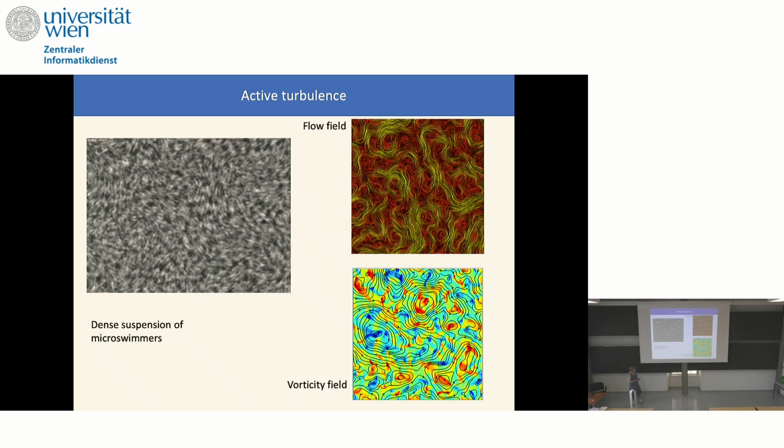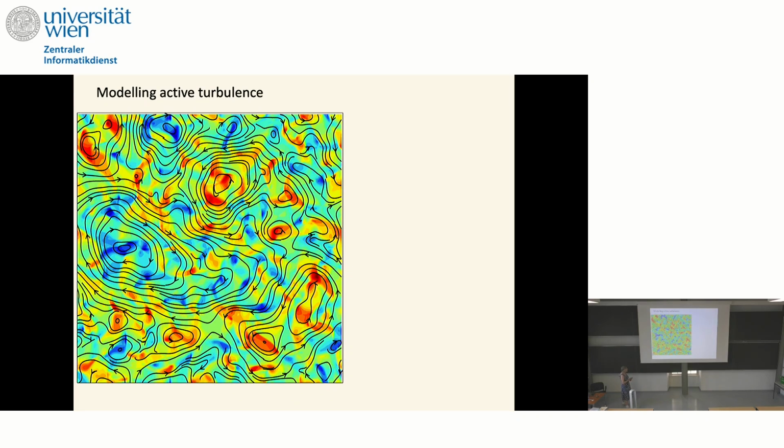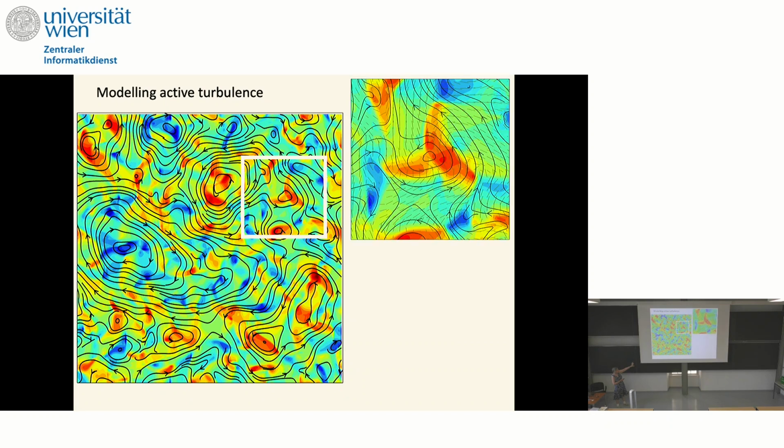Let me just take this picture and zoom in so we can see a little better what's happening to the individual nematogens. I'll do questions in a second, okay? All right, so this is the vorticity picture with the flow lines on it. Let's zoom in. And what we're seeing here is also those little black bars are individual nematogens.